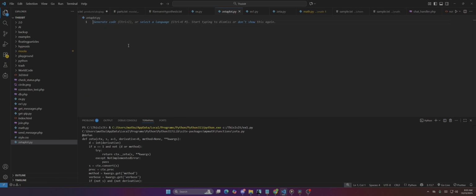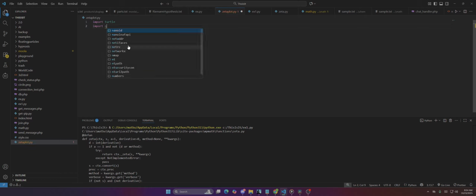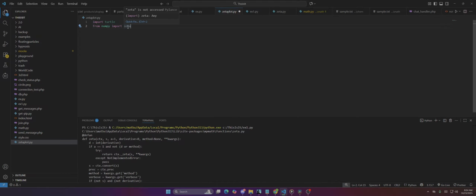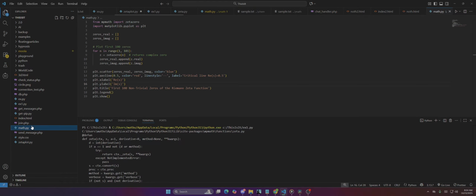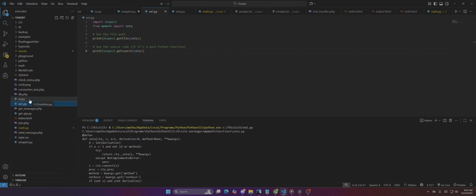All right, import turtle. Import numpy. Wait, no, from numpy import zeta. Is that how you do it? Or is it mpmath?